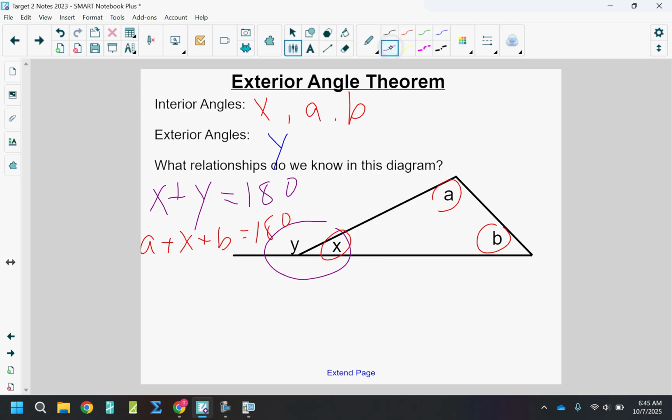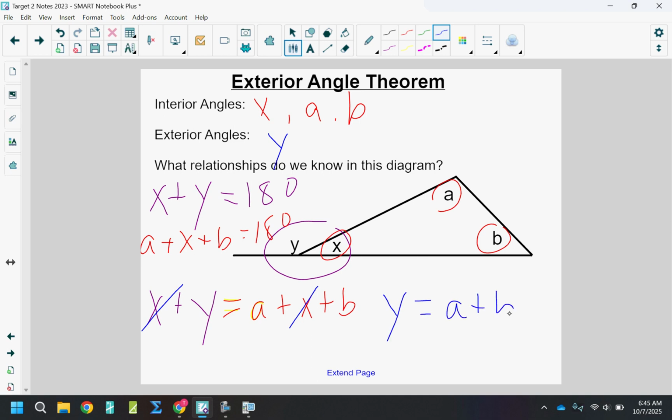So just some math here. I could set these two expressions equal to each other because they both equal 180. And then I could subtract x from both sides, and that would leave me with the relationship that y equals a plus b.